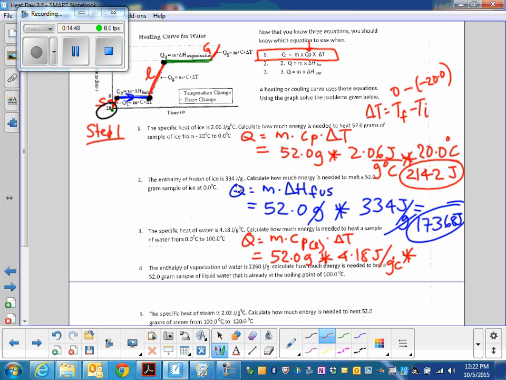Final minus initial is 100 minus 0, which is 100 degrees Celsius. So what is my heat involved in heating up the water? 21,762 joules. All right.